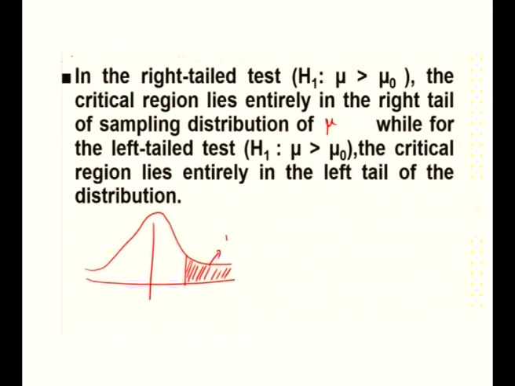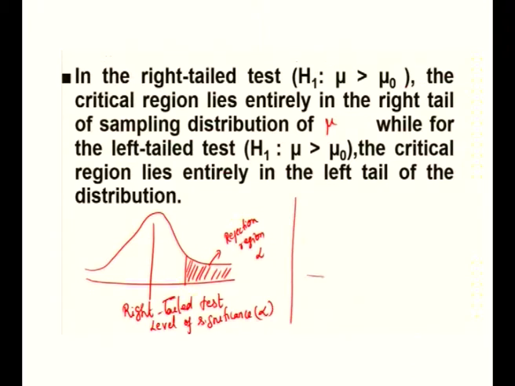This is rejection region alpha, and this is called right-tailed test, and level of significance here is alpha.